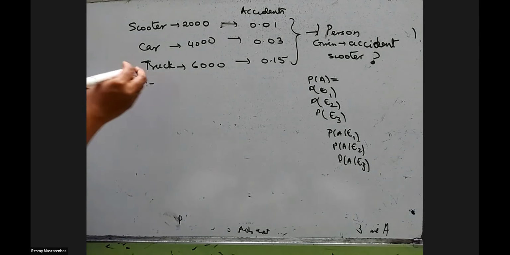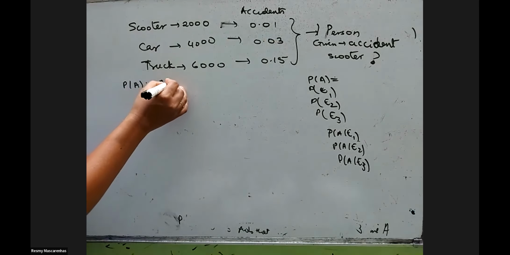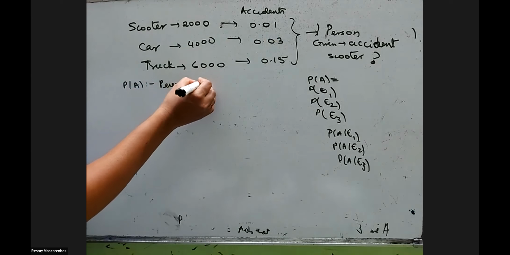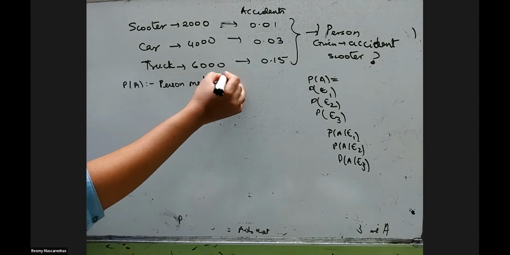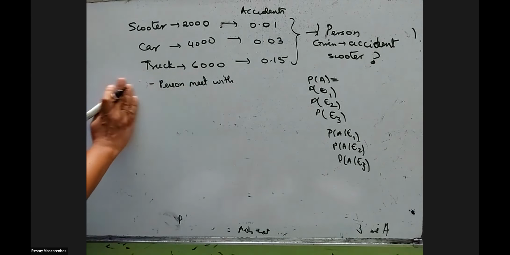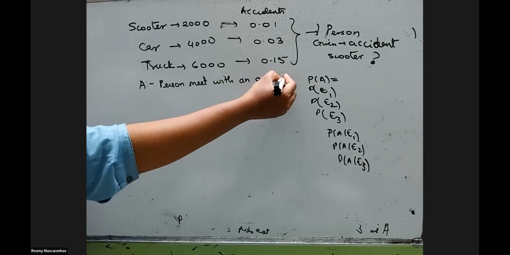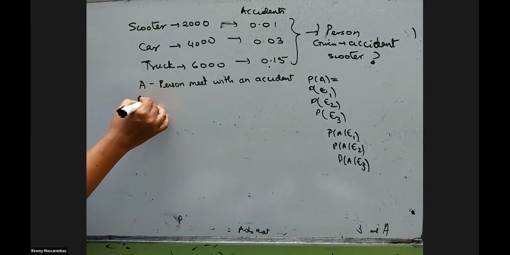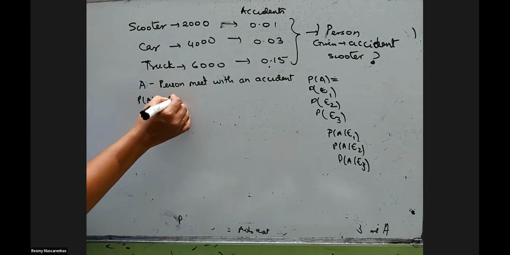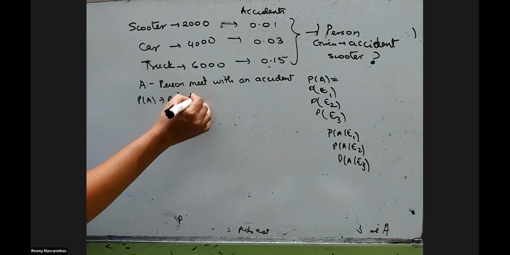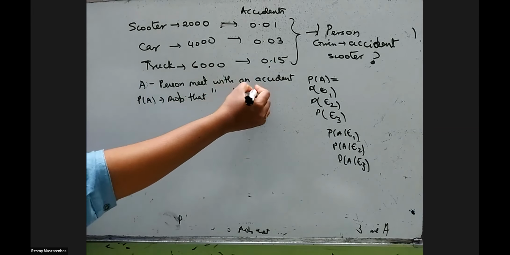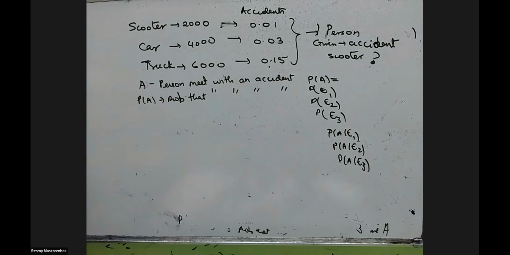What is the main thing? Given is person meets with an accident. So it's the same thing when you write P of A, you have to just start with probability that person meets with an accident.